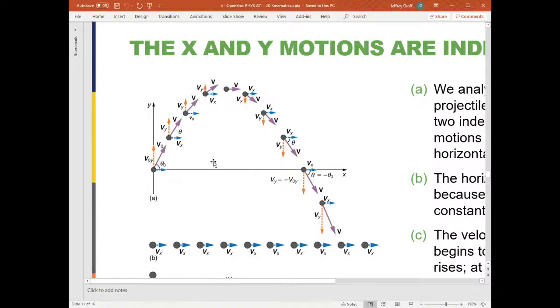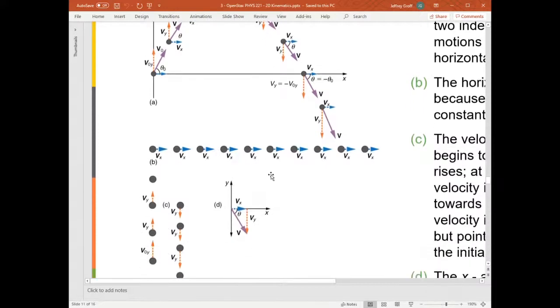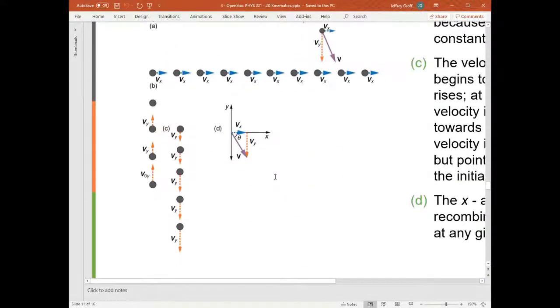Remember I said the last time, the secret of unraveling the mystery of projectile motion involves splitting the dimensions apart. So you have an x and a y dimension to your problem, and you can study them separately. Okay? That's done down here quite dramatically, where you see the x component of the velocity and the y component of the velocity plotted completely separate from one another.